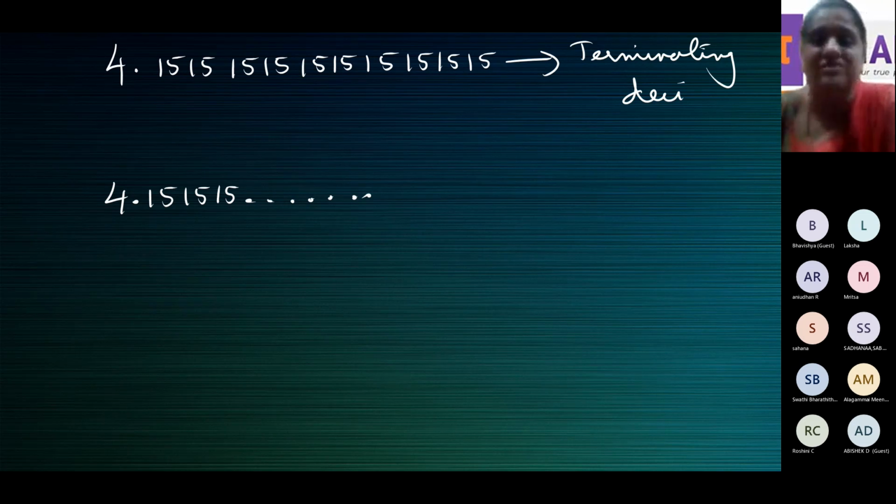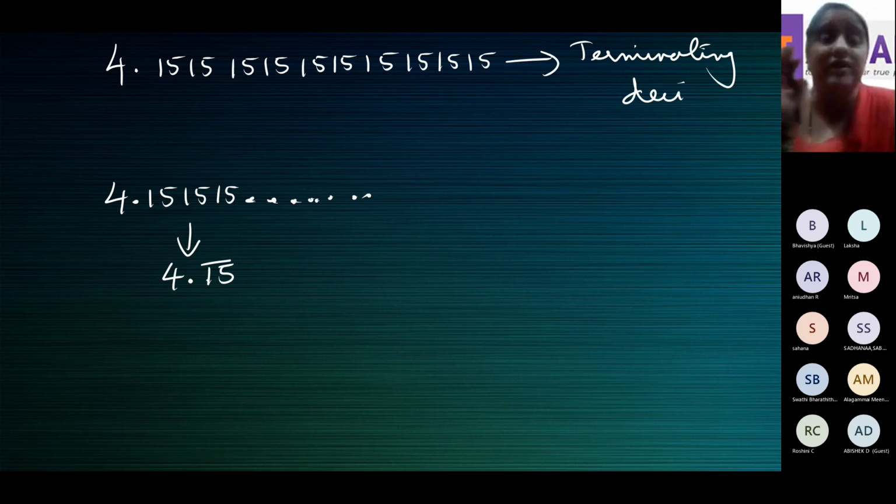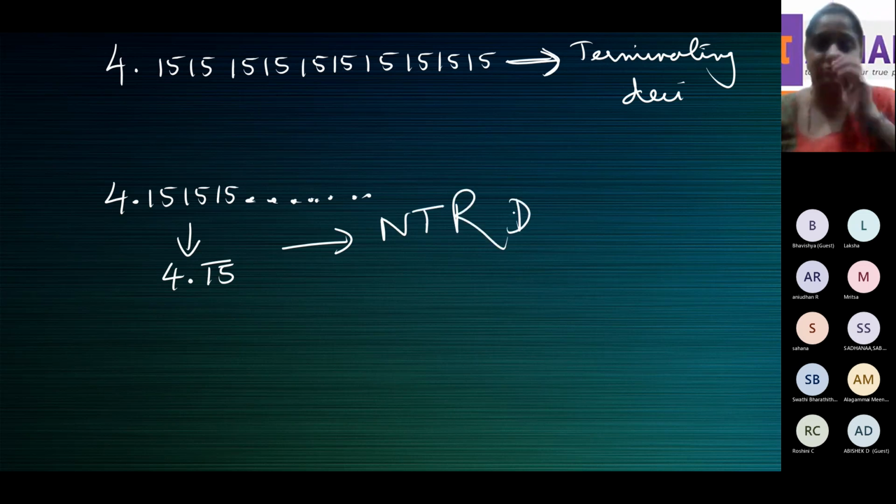It stops there. That's a terminating decimal. But when it is 4.151515 with these dots, it's nothing but 4.15 recurring. That means 15 goes on forever. The first one is a terminating decimal, while the second one is a non-terminating repeating decimal.